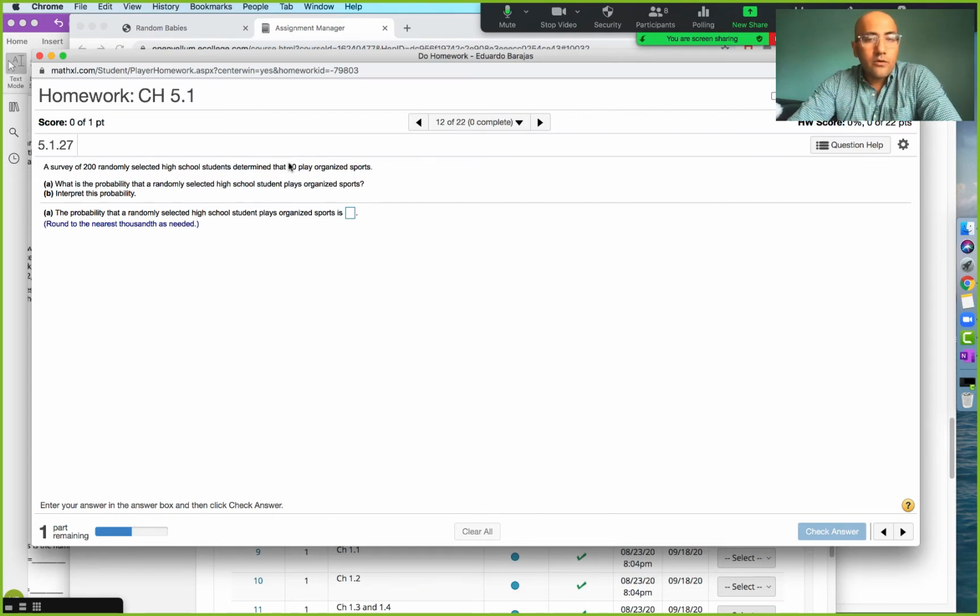By empirical probability rules, we divide 60 over 200, which is 30%. 30% of the people in my survey indicated that they play organized sports. Therefore, that's my very best guess as to what the true percentage is of the entire school.